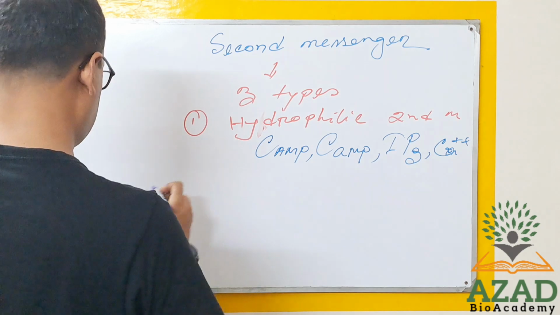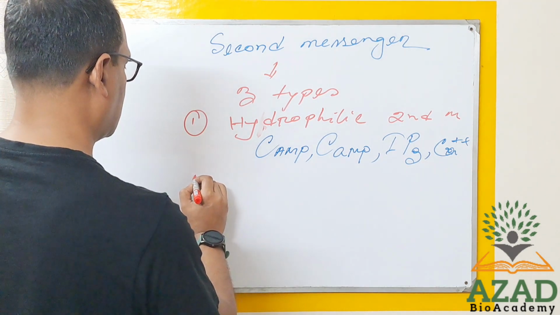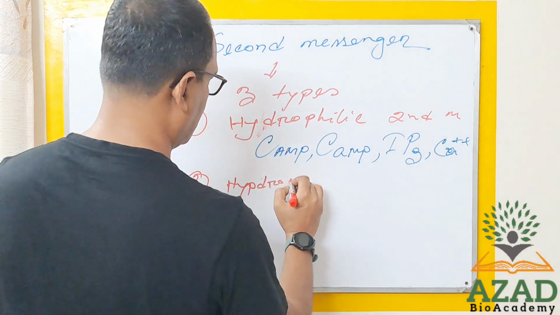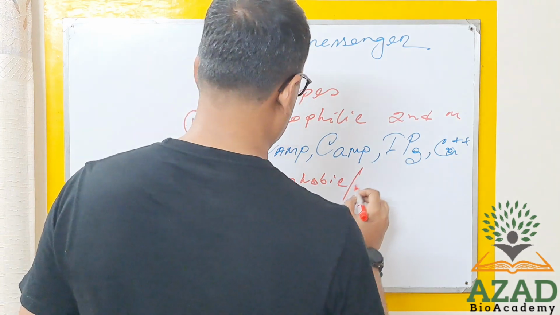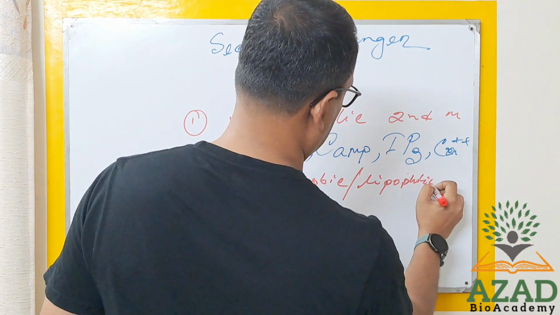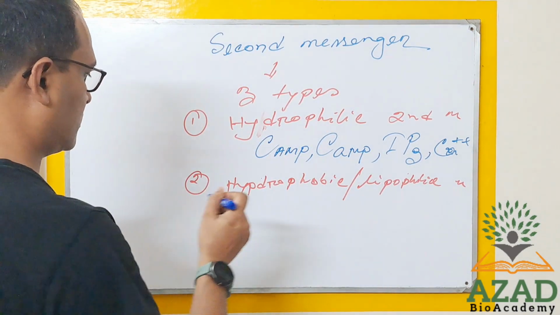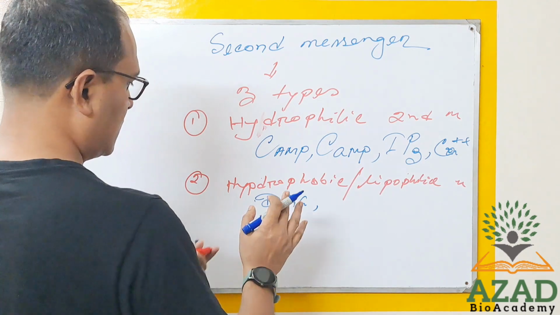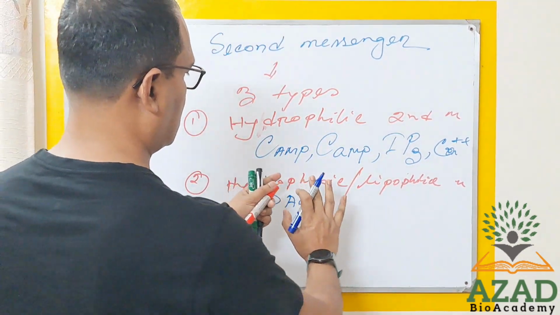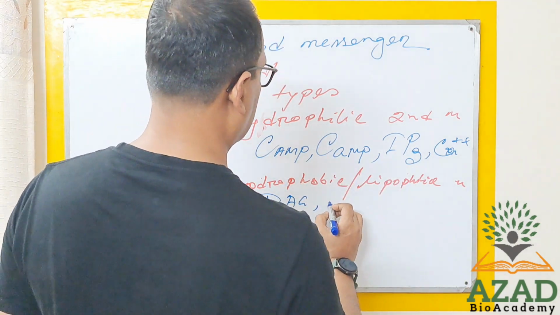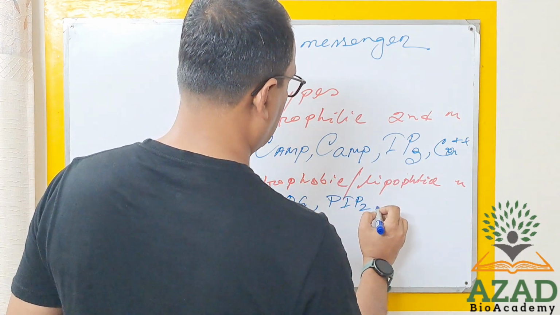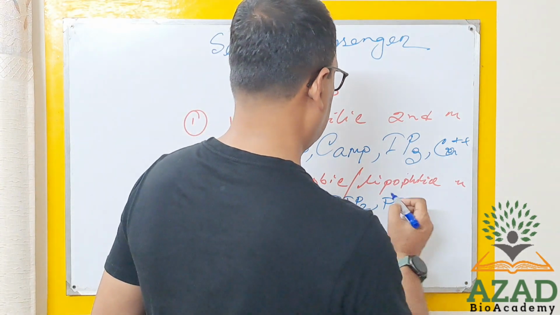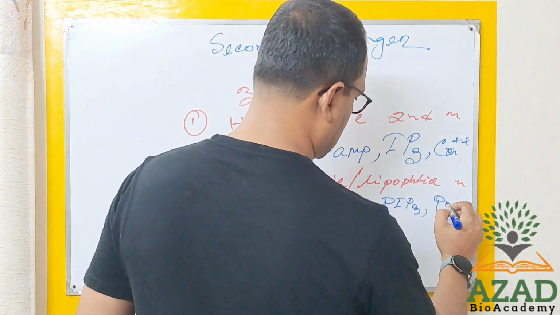Another type, type 2, is hydrophobic, or you can say lipophilic second messenger. Examples are diacylglycerol, phosphoinositide substances like PIP2, PIP3, and some arachidonic acid derivative substances, that is prostaglandin.